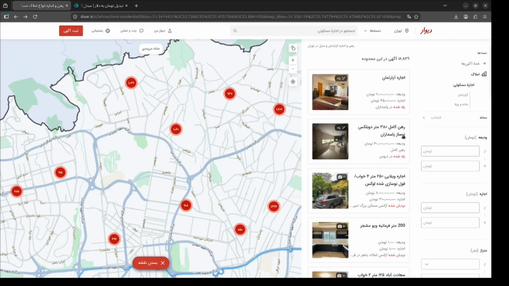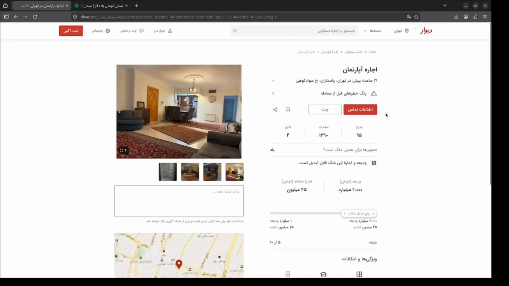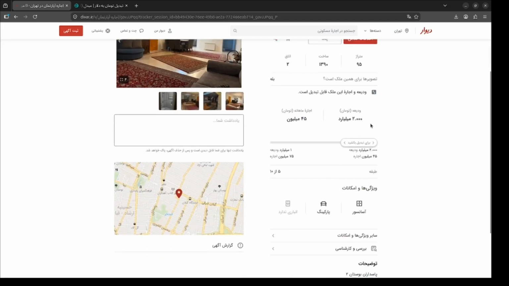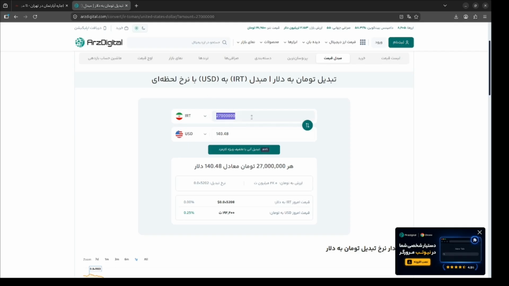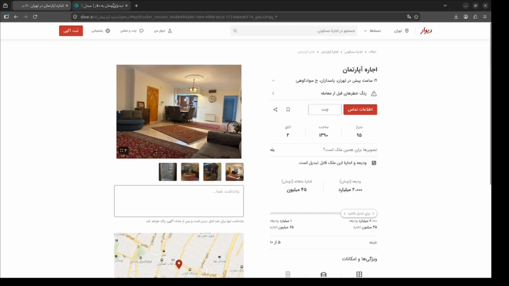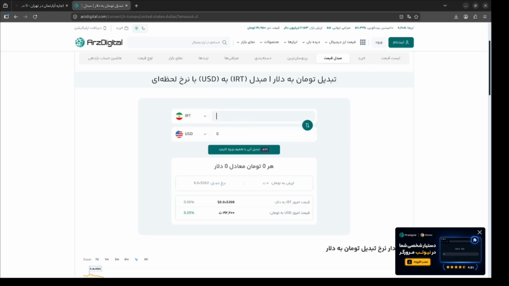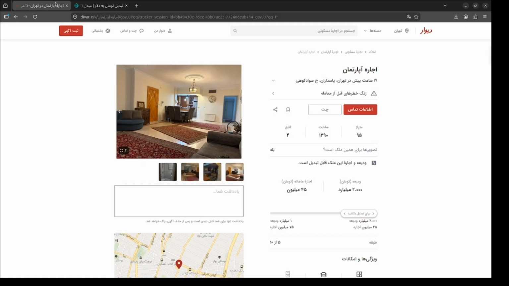Okay. Here we have a house, 95 meters, 2 bedrooms, but the price is 2 billion tomans, equals to $10,400 for deposit, and 45 million tomans for monthly payment, equals to $234.